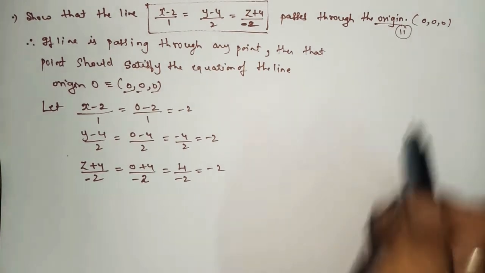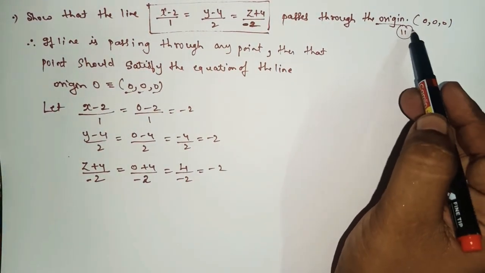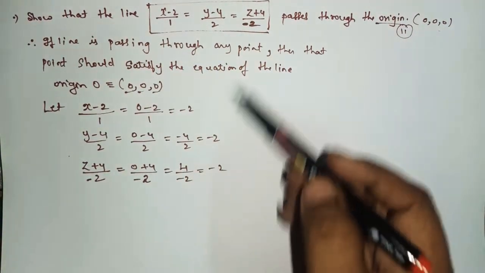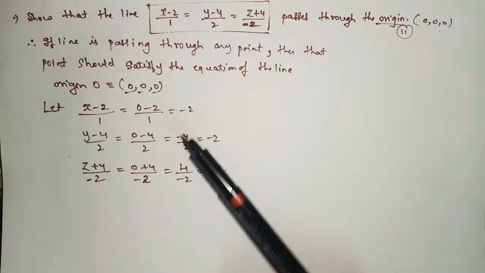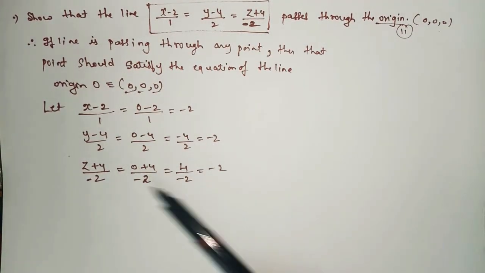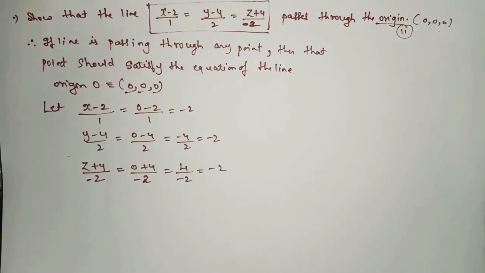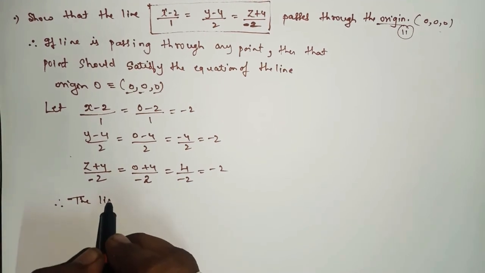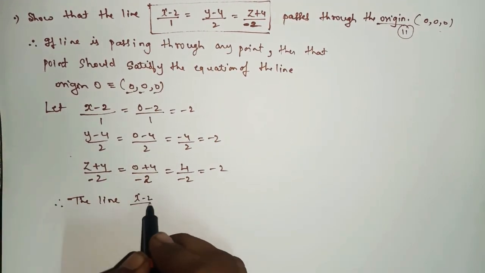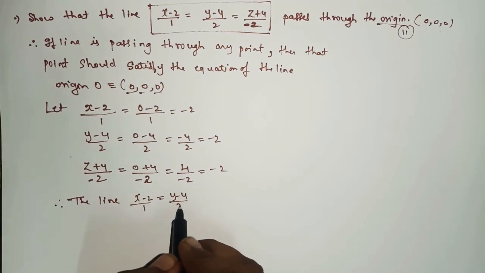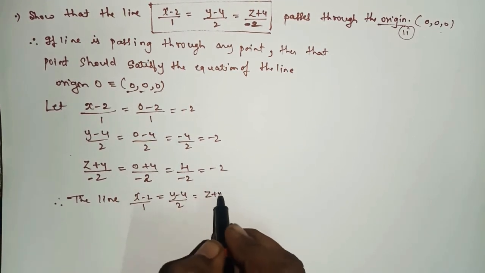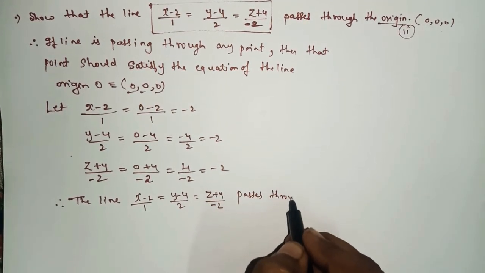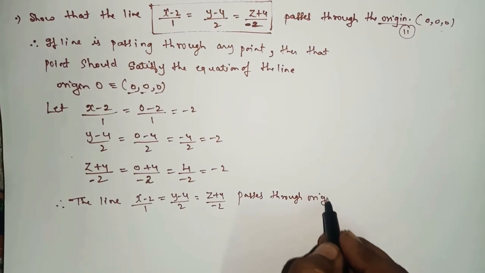Okay, so if the origin coordinate satisfies the equation of the line, as clearly we can see here it is minus 2, remember in the question. So as clearly we can see, we are getting each ratio equal to minus 2. So therefore here we can write the line x minus 2 upon 1 equal to y minus 4 upon 2, z plus 4 upon minus 2 is passing through origin.